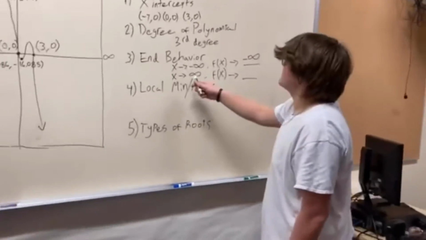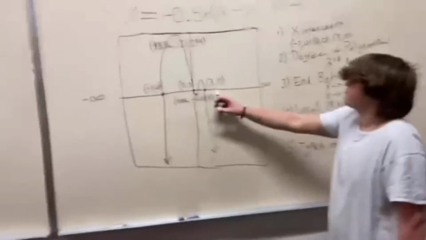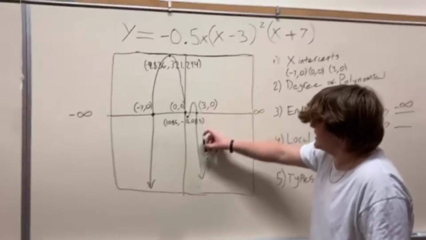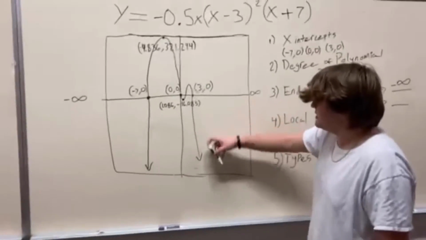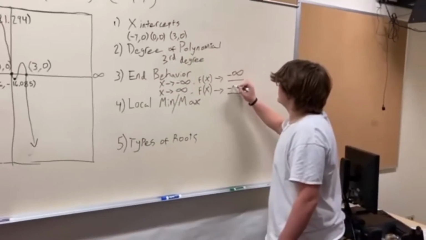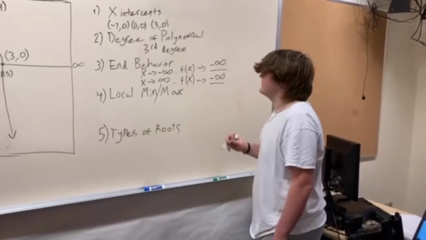Now, when x is going to +infinity, we saw our line is going infinitely down, which means that, again, we go to -infinity.